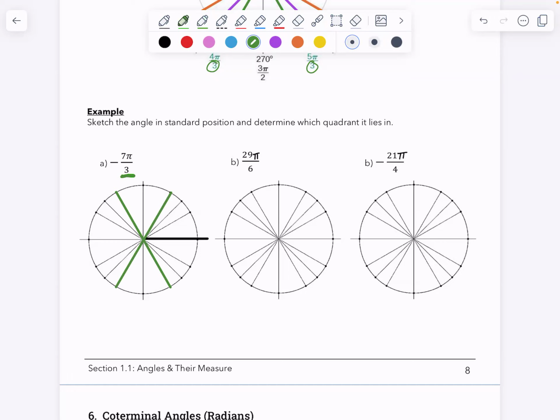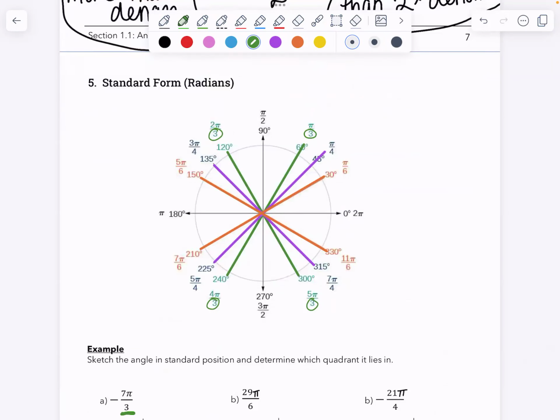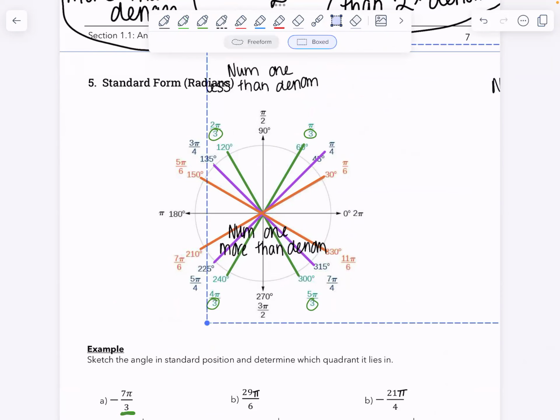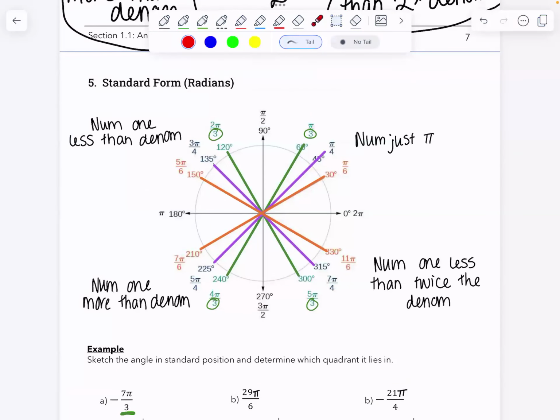So I want to remind you really quickly of a rule that we talked about earlier. I have it conveniently pasted here. The way that we work our way around the unit circle and these special angles, if you're going in the positive direction, in quadrant 1, the numerator is just pi. In quadrant 2, the numerator is 1 less than the denominator.